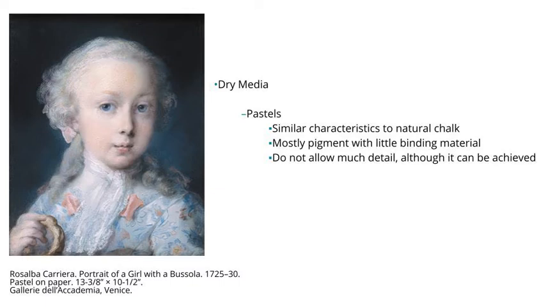And they don't allow much detail, although it can be achieved, as you can see in this example. It just takes a lot of practice to get detail when you're working with pastels. So pastels generally have more color, because graphite, charcoal, things like that are usually just in grayscale, but pastels come in all forms of colors.